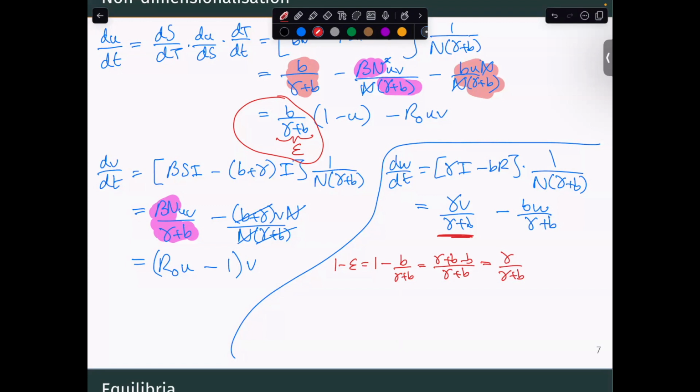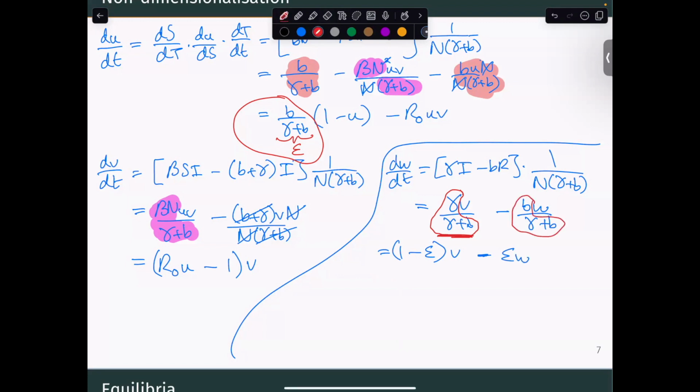So that gives us this factor here as being 1 minus epsilon. So we're going to have 1 minus epsilon times v minus epsilon times w. So again, we have this factor here as being epsilon.